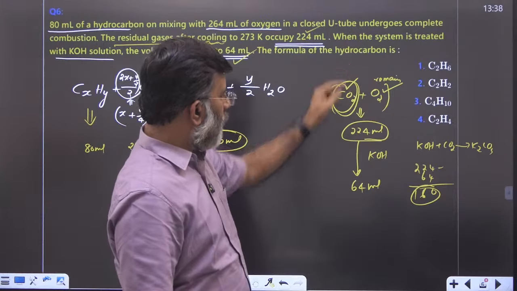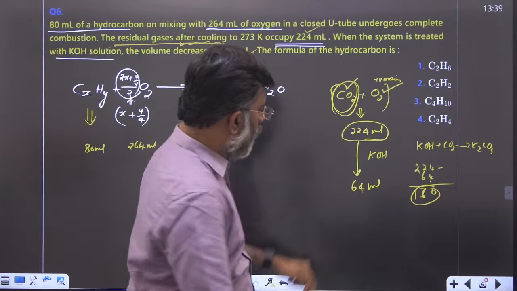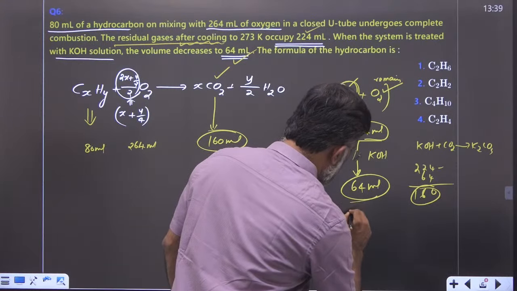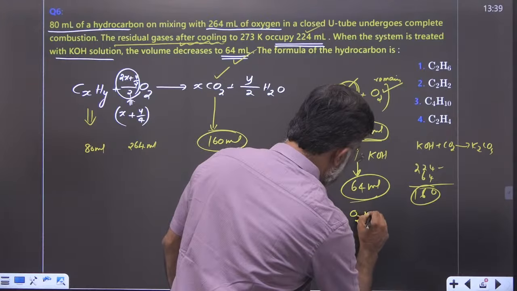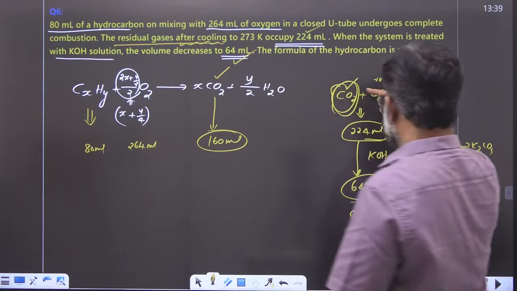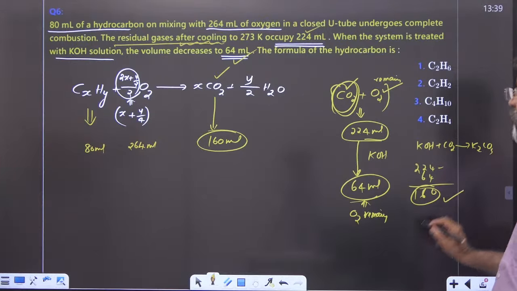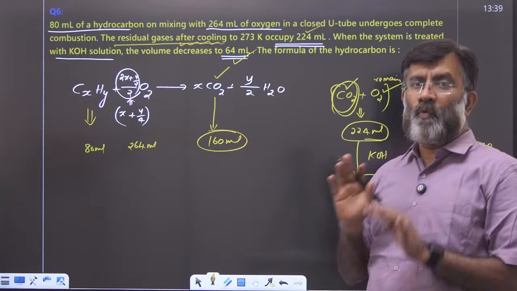This mixture is passed through KOH. KOH will absorb CO2 and the remaining volume is 64 ml. This is O2 remaining. Therefore, CO2 will be 224 minus O2 remaining, that is 160, CO2 formed.